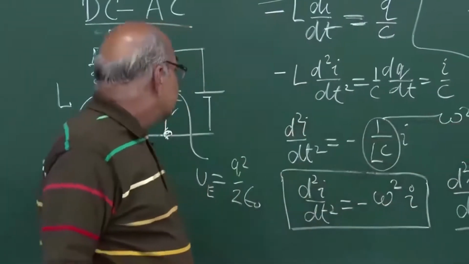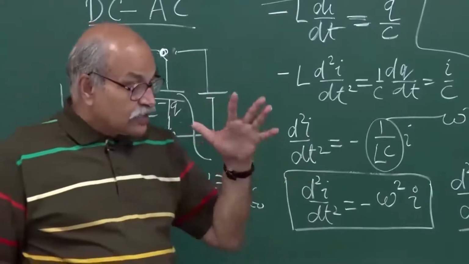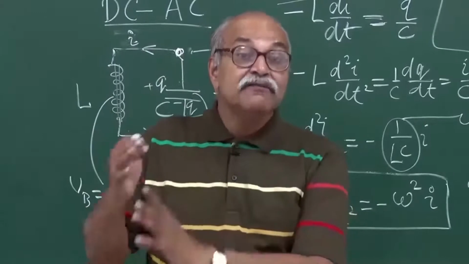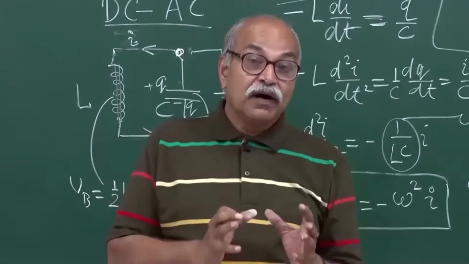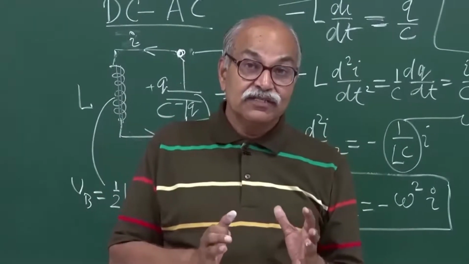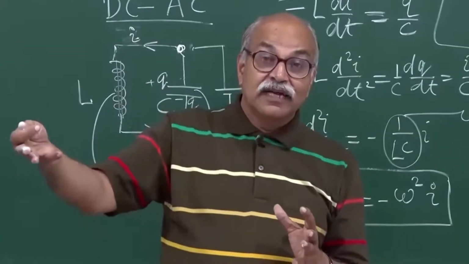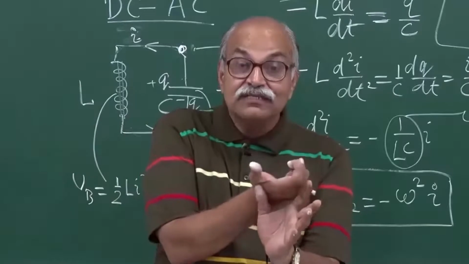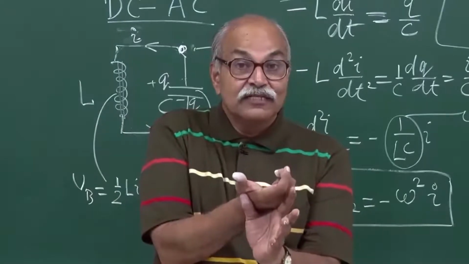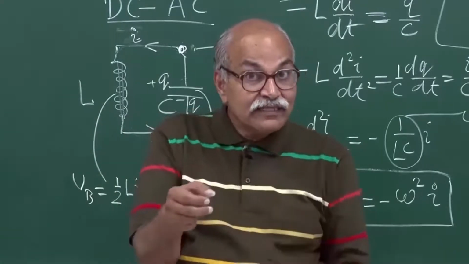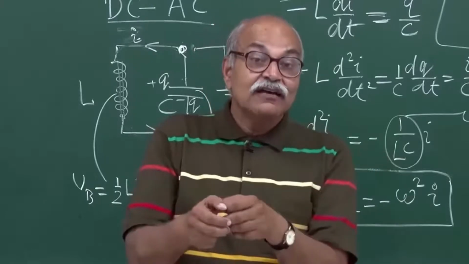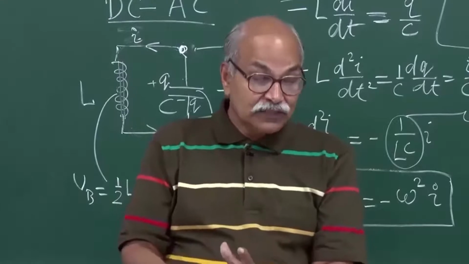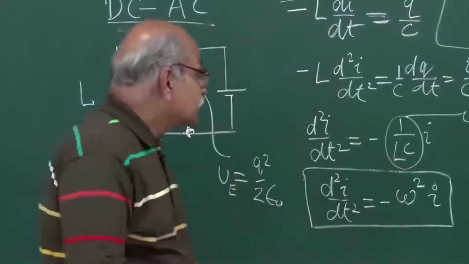And hence to design the oscillator, you need some amplifier where part of the signal is amplified, and then part of it is again sent to this oscillating circuit unit, so that whatever is lost is exactly compensated, and then you have a constant voltage supply. So that is the other part.